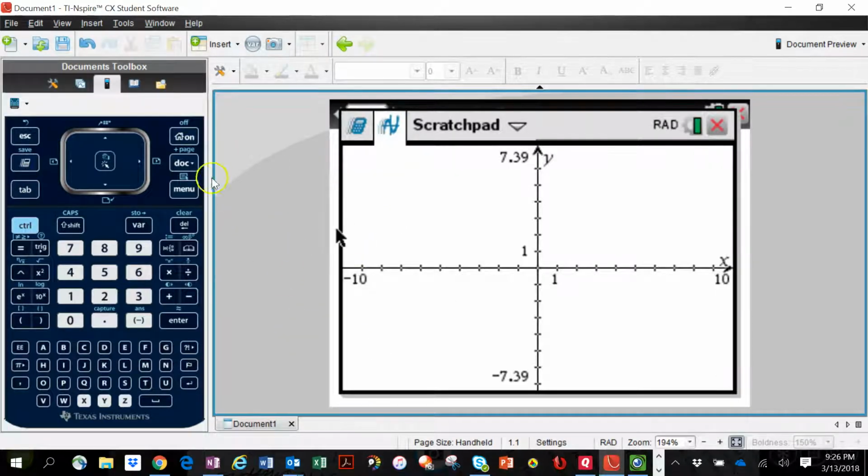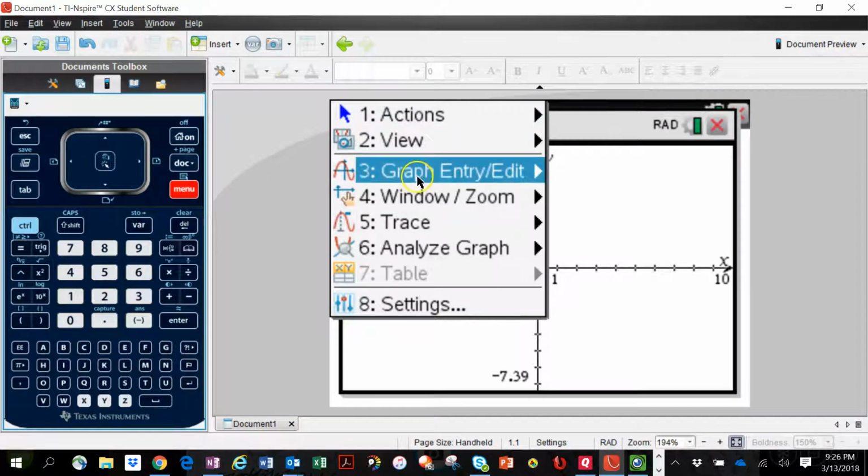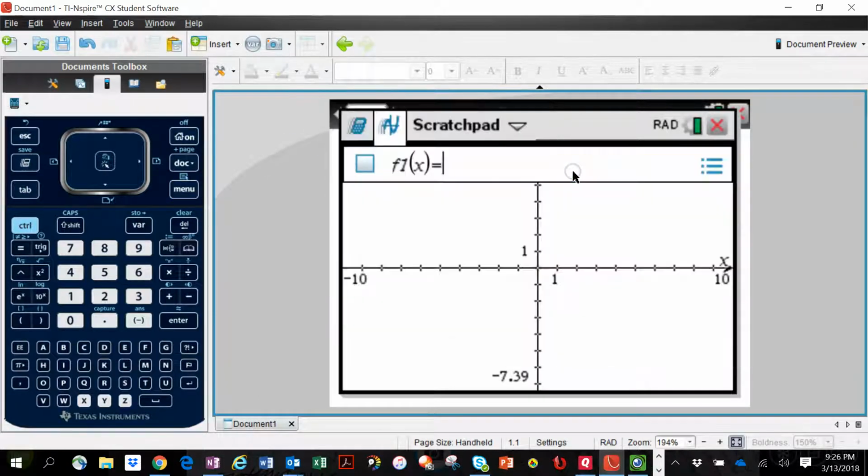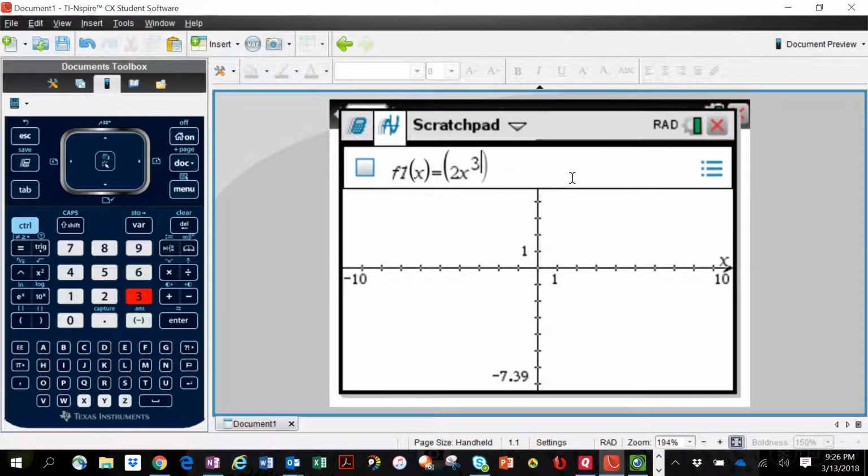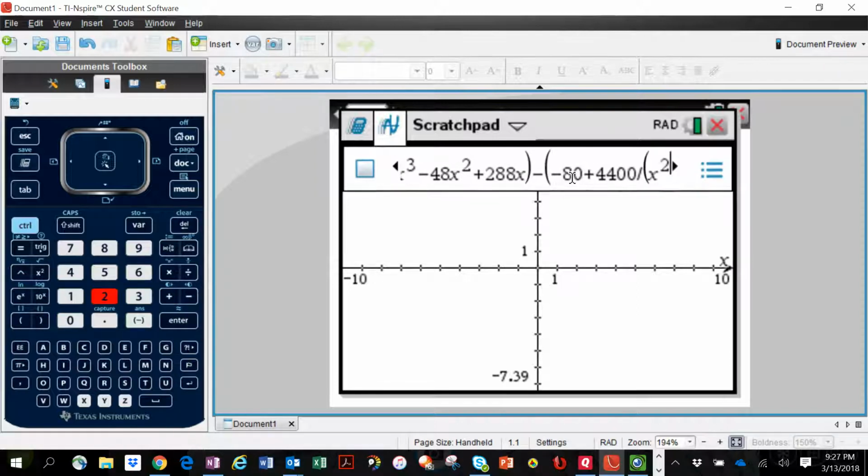And let's see. I'm going to enter a function. And the function is supposed to be s prime. That's my original derivative: 2x cubed minus 48x squared plus 288x. That's s prime minus the new function, which is negative 80 plus 4400 divided by x squared minus 14x plus 55.